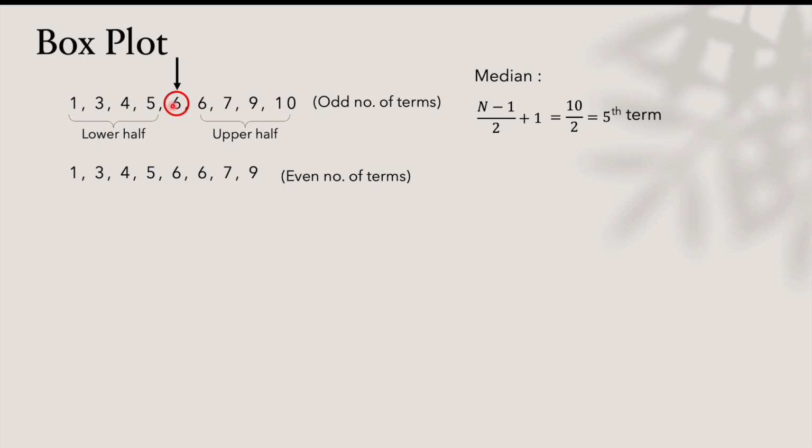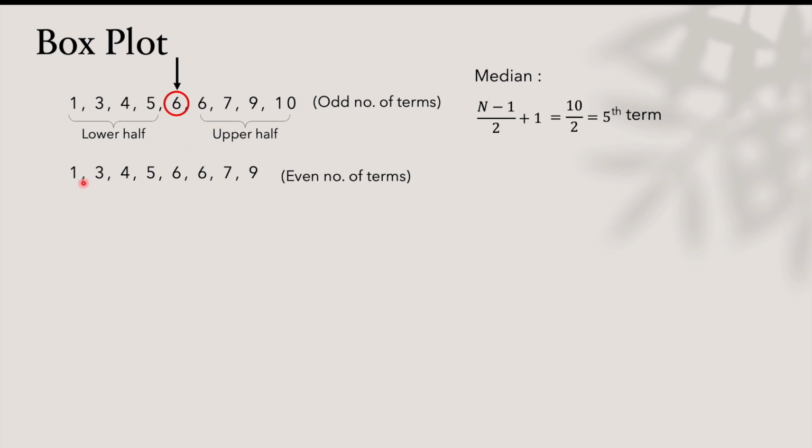For example, if this is the median, on the left side there are 1 2 3 and 4 points. There should be 4 points on the right side also, 1 2 3 and 4. Exactly equal number of points on each side of the median.